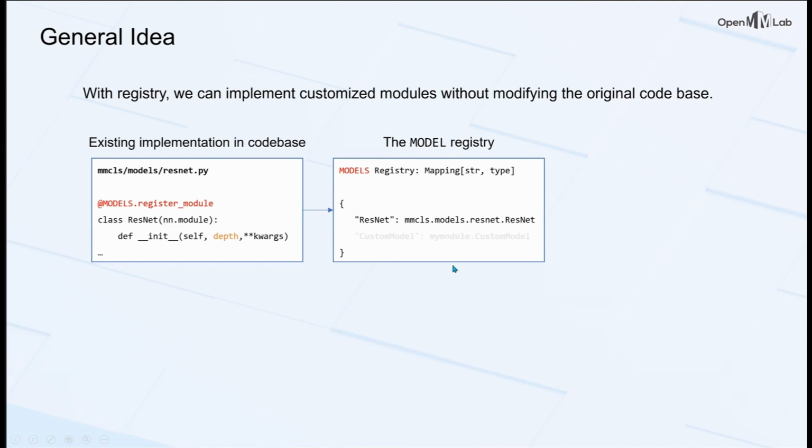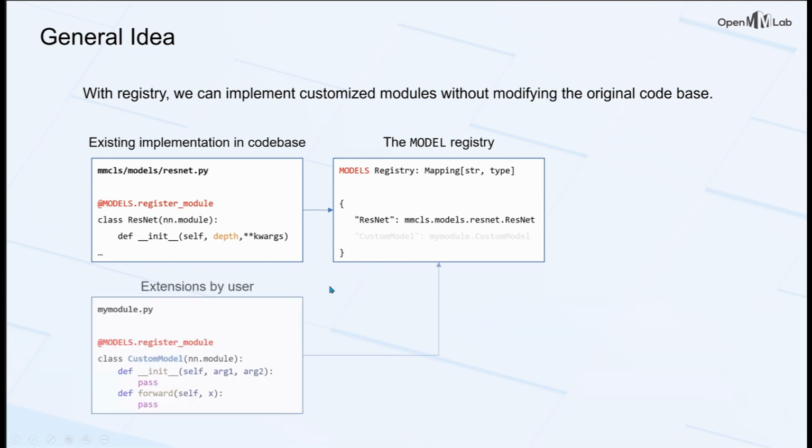To implement a customized module, we can just implement it and put it into the registry. To accomplish this, we need to add a decorator when writing our customized modules, and add a custom import item in the configuration file.